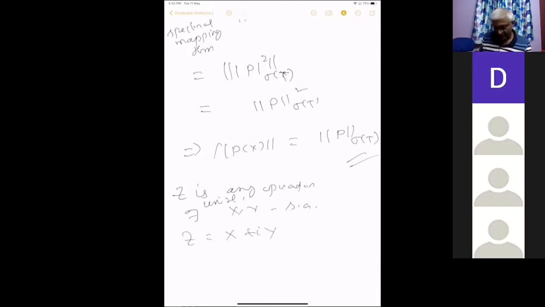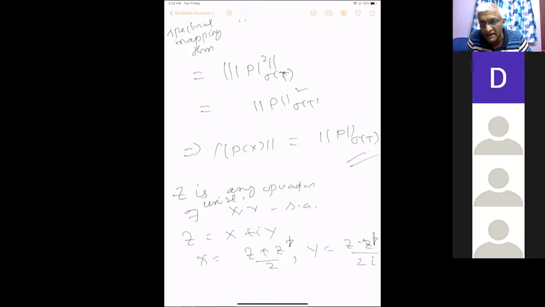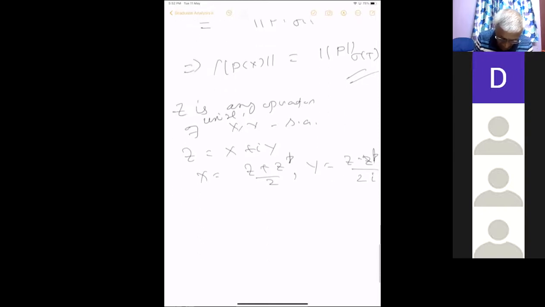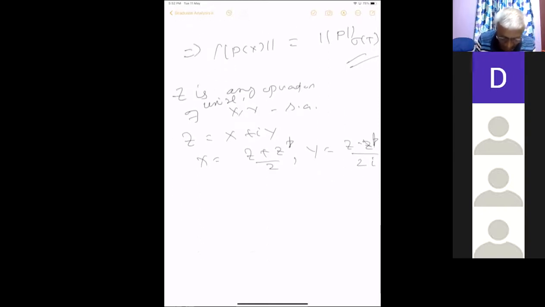That is clear, because then X is just (Z plus Z star) by 2, and Y equals (Z minus Z star) by 2i. So they are self-adjoint and it has to look like that. It cannot be anything else. You must know this from matrices, and it is true for any operator also. This is what we call the Cartesian decomposition for any operator Z.